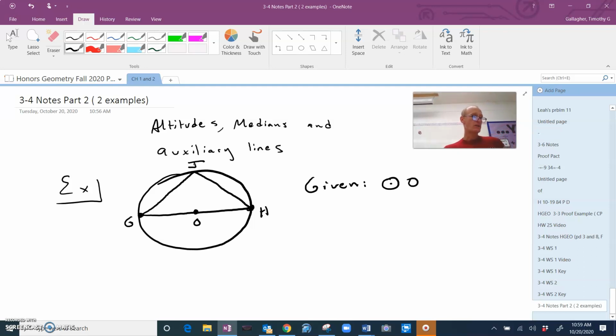Now, we are also given that GJ is congruent to HJ.